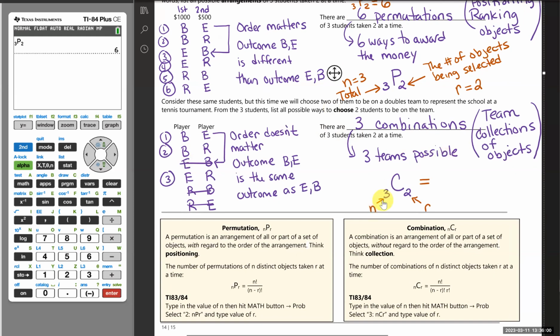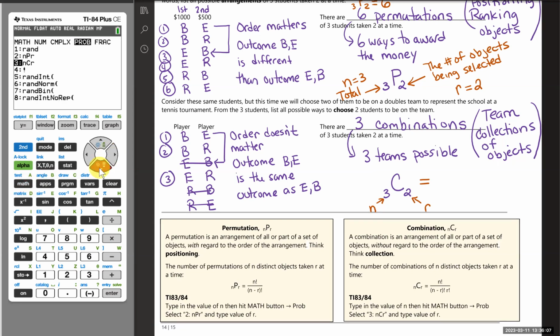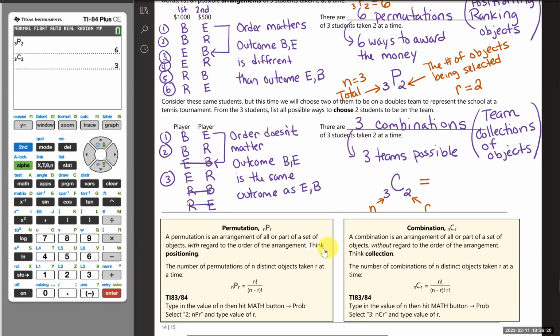So again, you hit the 3 first, and then your math button, go to probability, and choose choice 3 now, nCr, and enter. We still have to hit the 2. So there is our 3C2 combination, enter, and that's where that 3 can be found using technology.